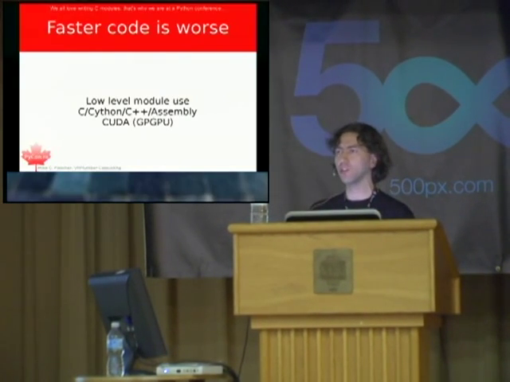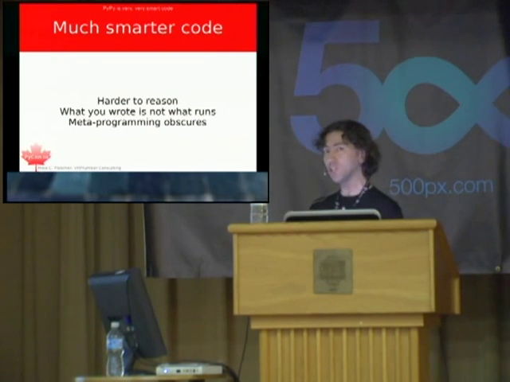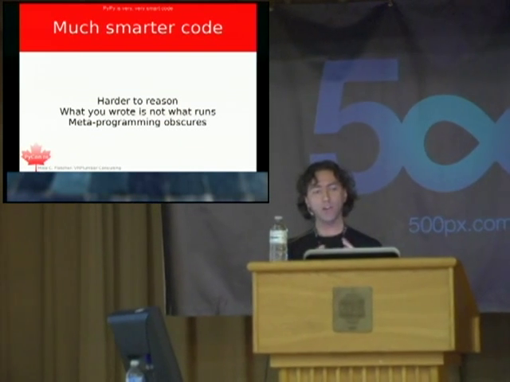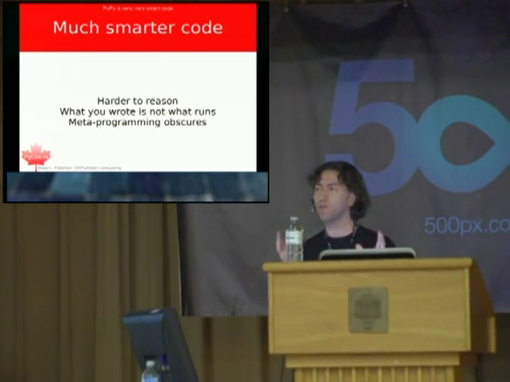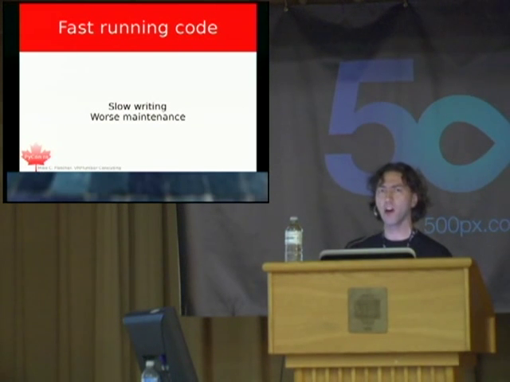And when you start using low-level modules to optimize your code, when you start writing things in C, C++, assembly, CUDA, all of those optimizations tend to give your code more mass and keep it going the direction it's going. You can't pivot and go somewhere else. And when you get much smarter code, old Zope infrastructure and the like, when you get something where metacode means that nothing that you've written is what's running, something is intercepting everything and going off to the side and doing something else for you, you wind up with a case where, sure, it's fast, but it's extremely slow to write and it's extremely hard to maintain.